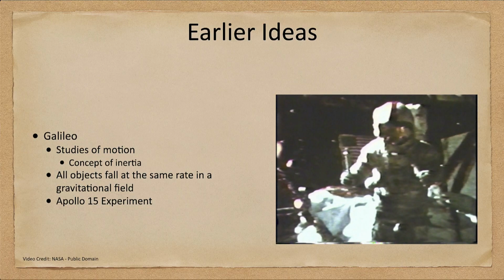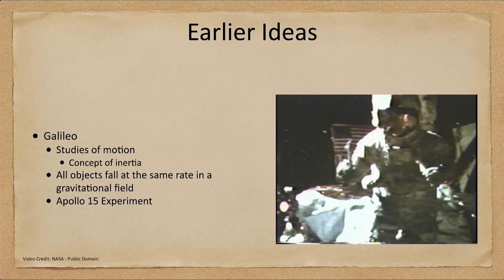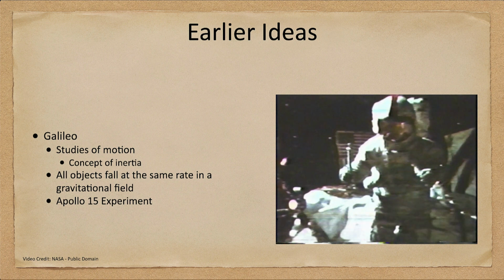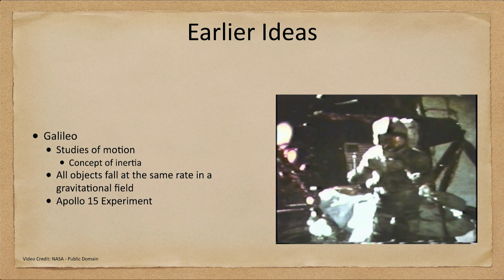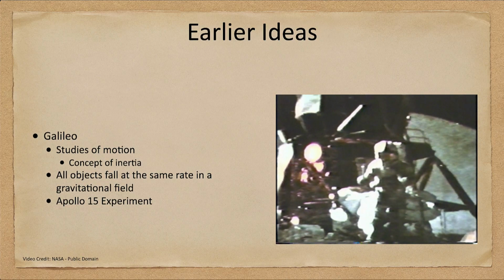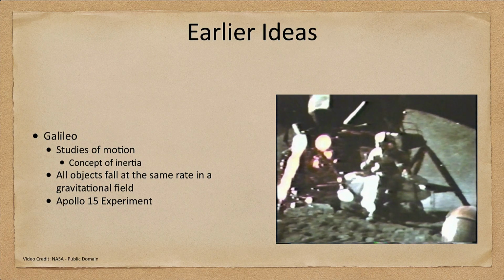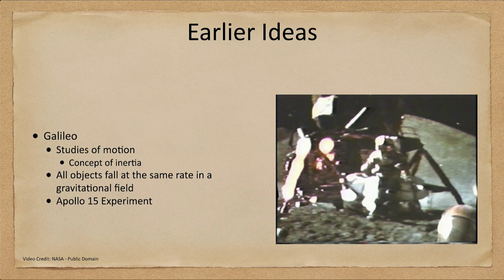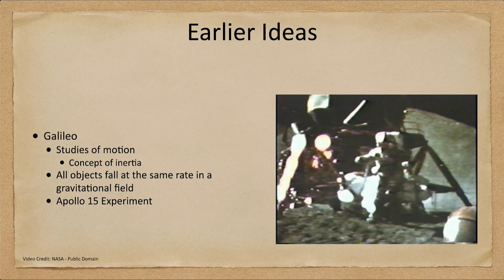And we thought that where would be a better place to confirm his findings than on the moon. And so we thought we'd try it here for you. The feather happens to be appropriately a falcon feather for our falcon. And I'll drop the two of them here, and hopefully they'll hit the ground at the same time. How about that? It proves that Mr. Galileo was correct in his findings.